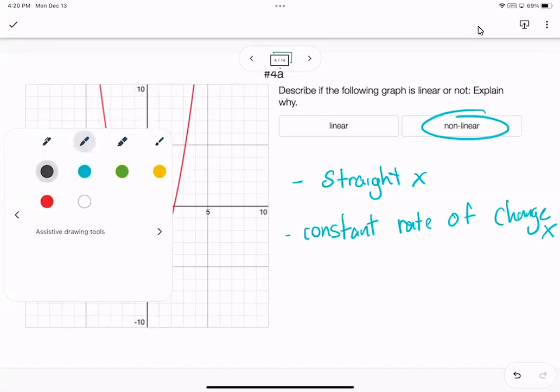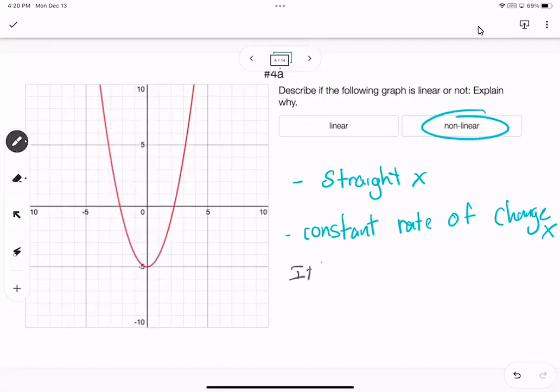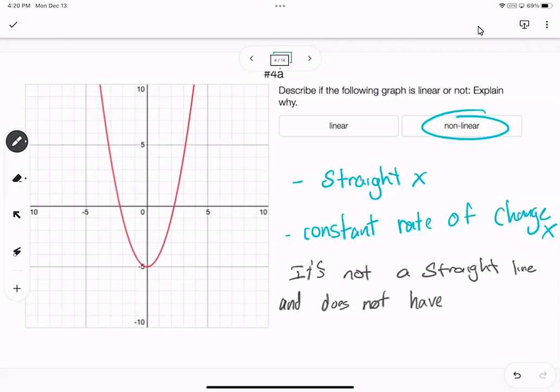So our statement could be, it's not a straight line and does not have a constant rate of change.